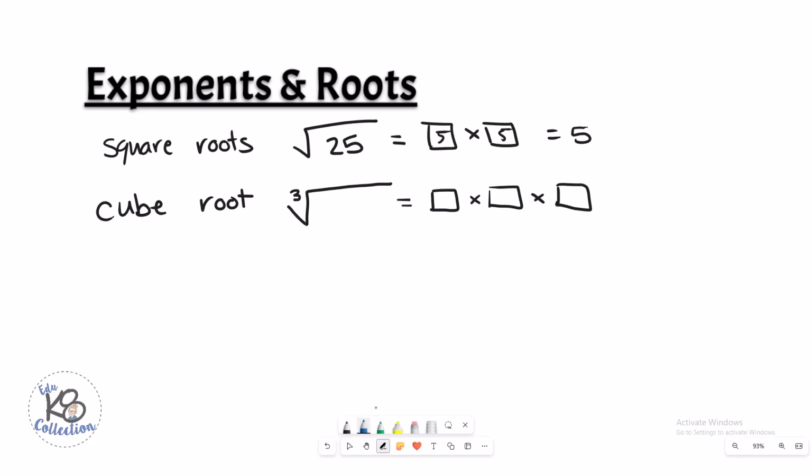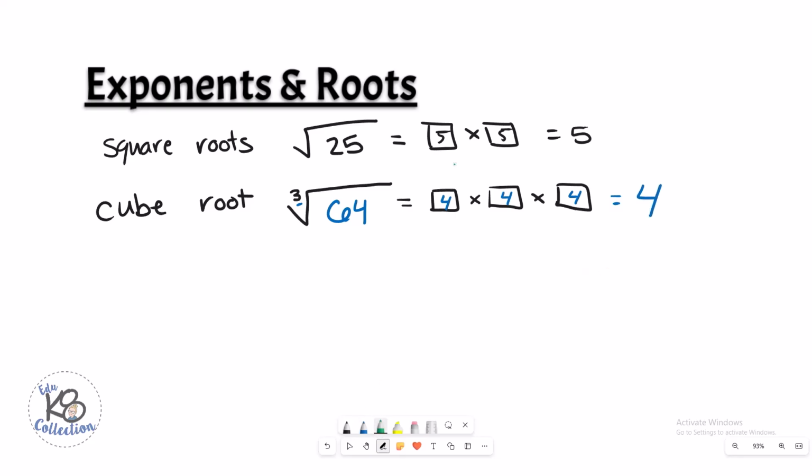So let's say I'm going to do the cubed root of 64. So I'm trying to figure out what number multiplied by itself 3 times is going to give me 64. And in this case, the answer is 4. So the cubed root of 64 is 4.